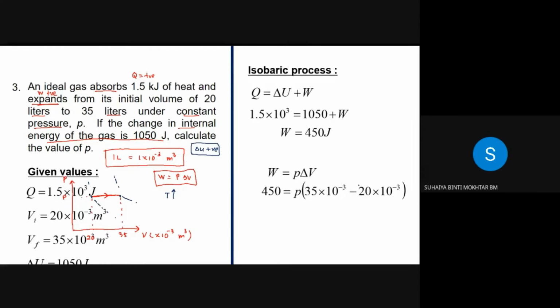So you can determine P, and you get 30,000 joule or 30 kilojoule. If asked to sketch the graph, it is just a straight line, since the case is isobaric, constant P.